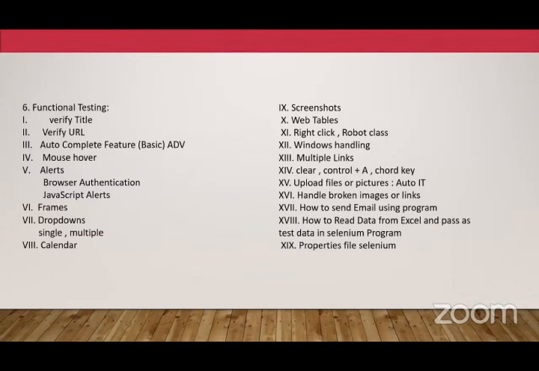So for a human, if you give different inputs, the human will behave in a different way, correct? The same way, for an application, if you are giving different inputs, we need to check how the application is behaving. That we call functional testing.